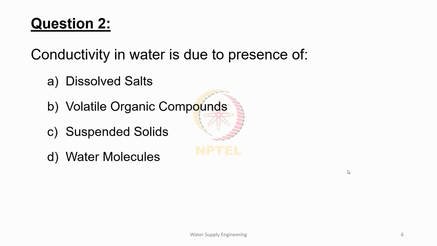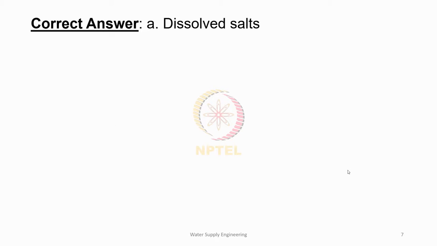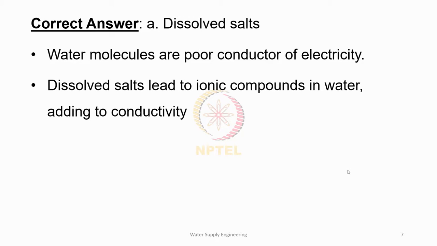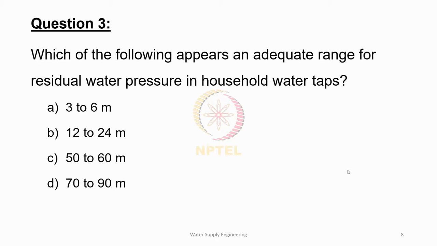All of you have typed the correct answer. Yes, it is option A, dissolved salts. We all know that water molecules as such are poor conductors of electricity. The presence of dissolved salts leads to ionic compounds in water, thus adding to conductivity. All right, we'll move on to the next question.